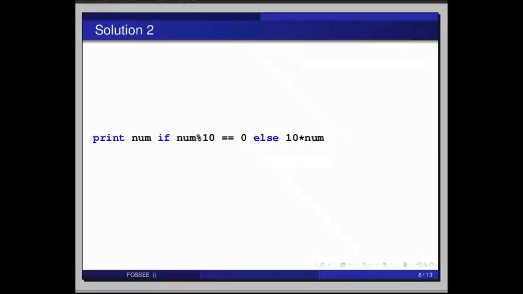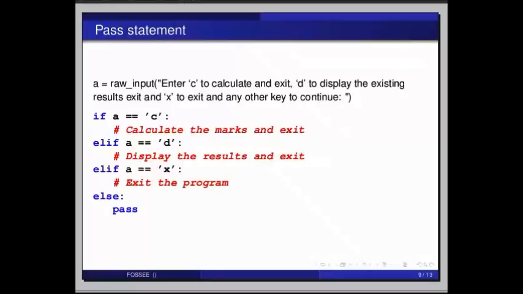So a is equal to raw_input. Enter C to calculate and exit, D to display the existing results and exit, and X to exit, and any other key to continue.